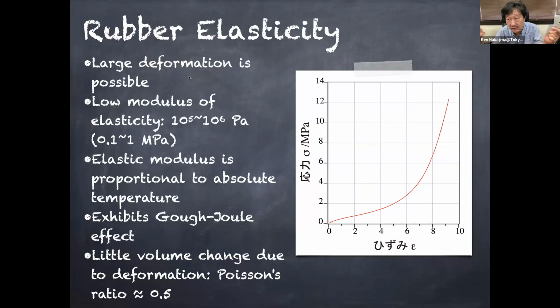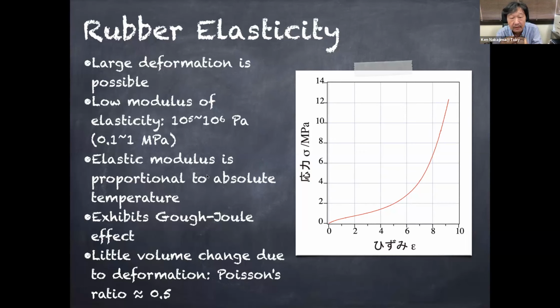And also, when you stretch, you don't need so much force. In other words, the modulus is quite low, and the value is in the megapascal level, or 10 to the 5th to 10 to the 6th pascals. And the elastic modulus is temperature dependent, proportional to the absolute temperature. So if you increase the temperature, the rubber elasticity gets higher, proportional to the temperature.